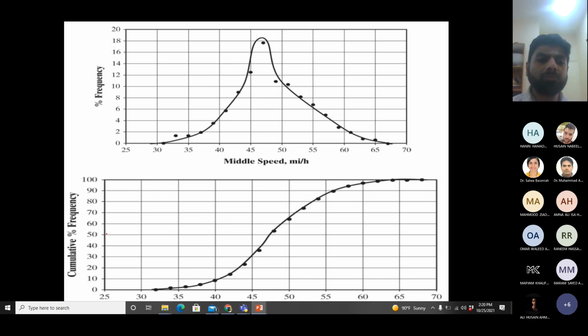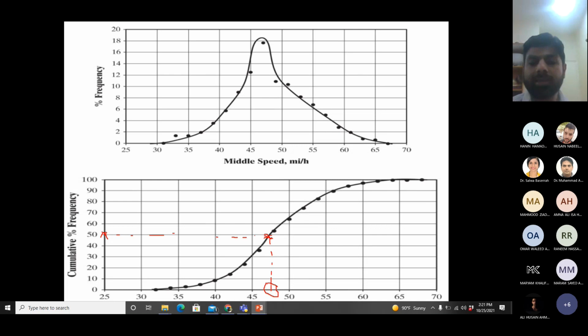So locate 50% on the y-axis and drop a perpendicular towards the curve. From the point where this perpendicular intersects the curve, drop a perpendicular towards the x-axis, and this value on the x-axis will be your median.